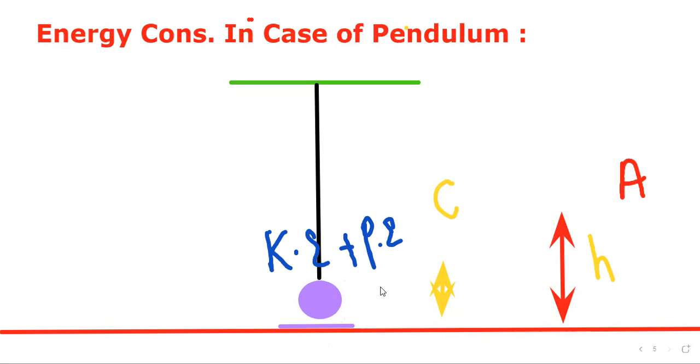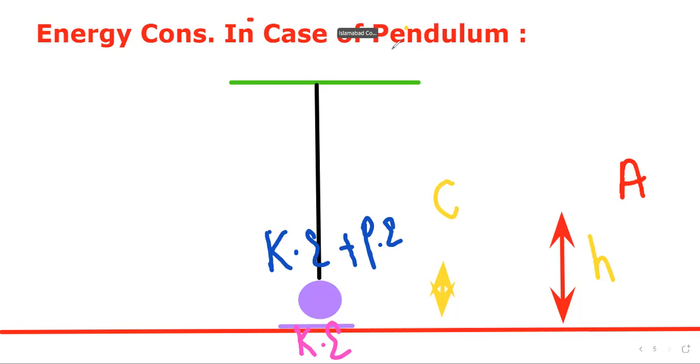It means its gravitational potential energy is also zero. But it is in a state of motion, so at this point there is only kinetic energy with the ball, and potential energy is zero because its height is zero.